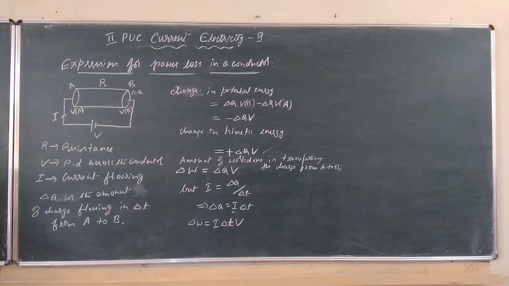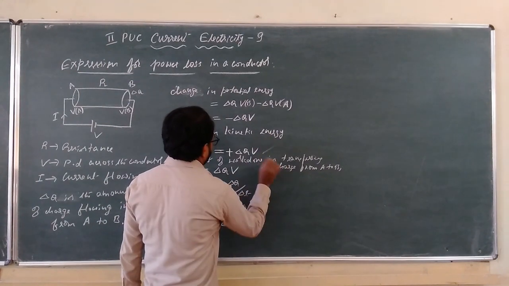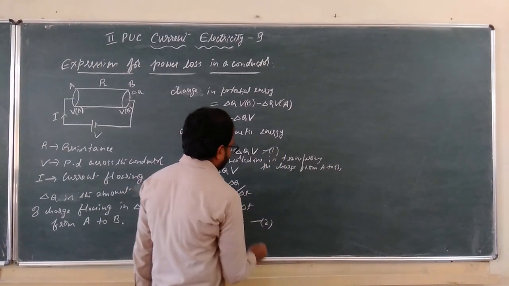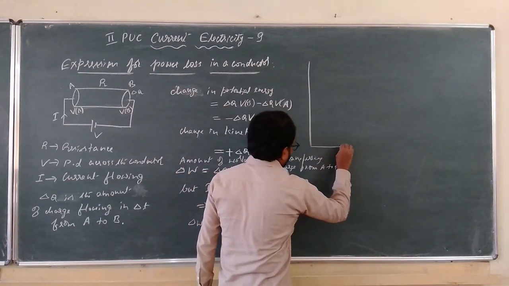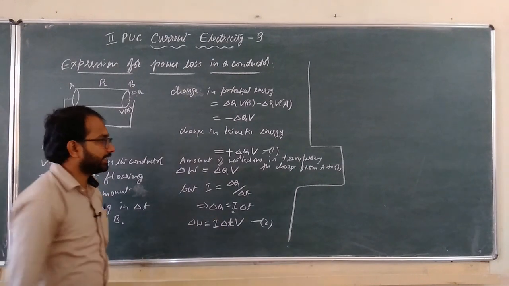Now what is the electrical power dissipated? That is the electrical energy dissipated per unit time. Say this is equation 2. This is the expression for electrical energy dissipated in a time interval of delta T seconds.